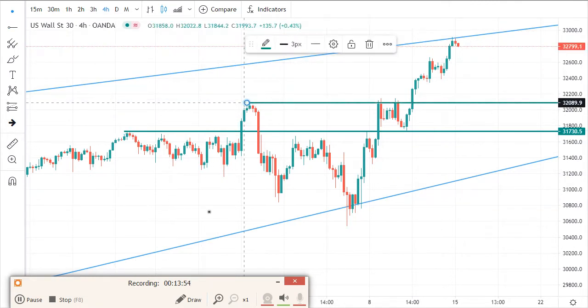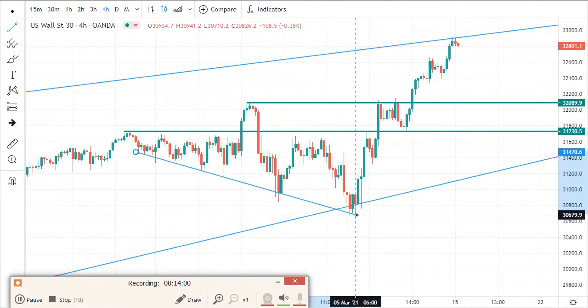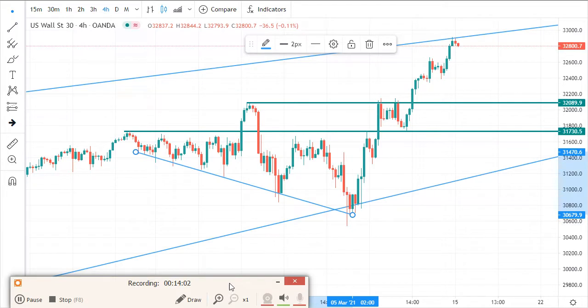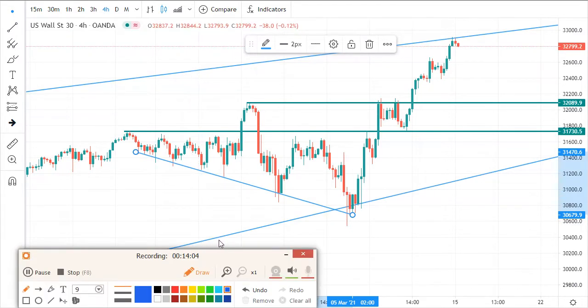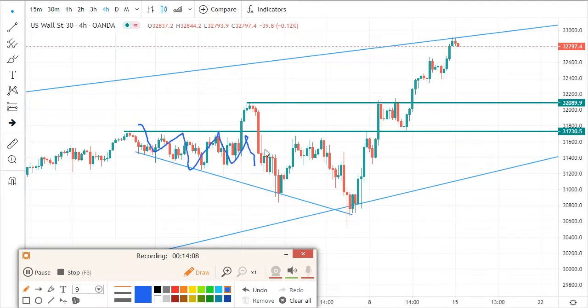From here we had something like this. They all make sense, but now you can see the market was just going down. From this point, the market broke here. It showed us the resistance here. Then the market broke here again.